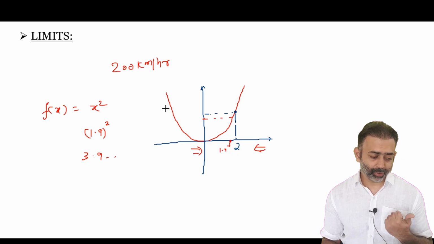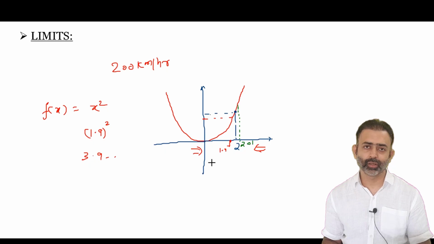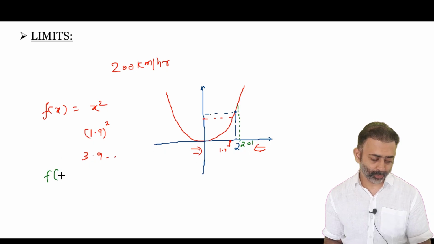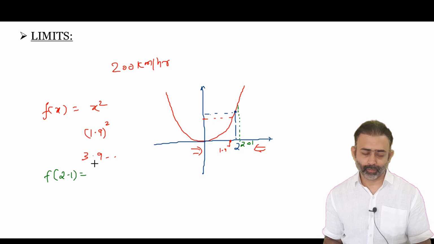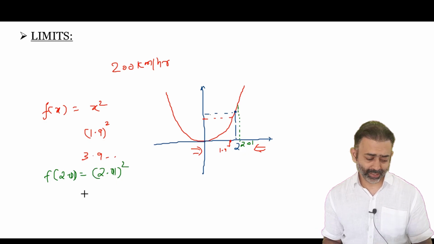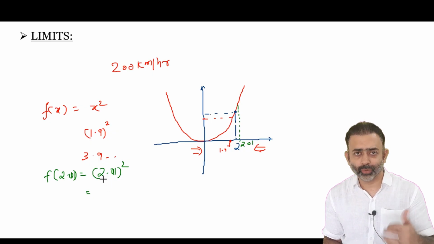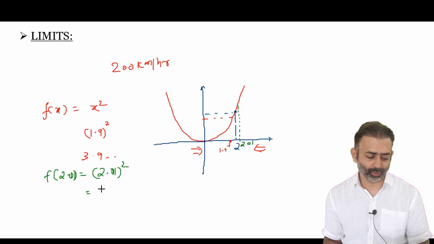Similarly, if I take a point closer to 2 but from the right, a point just greater than 2, let us take 2.01. If I put f of 2.01, it will give me 2.01 whole square, which will again be closer to 4, but slightly greater than 4.